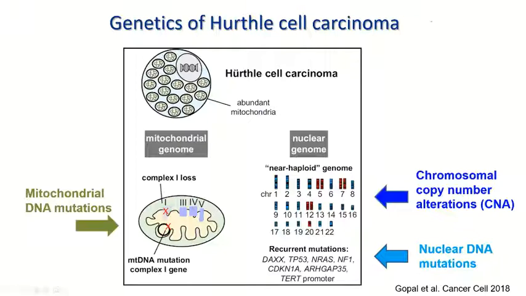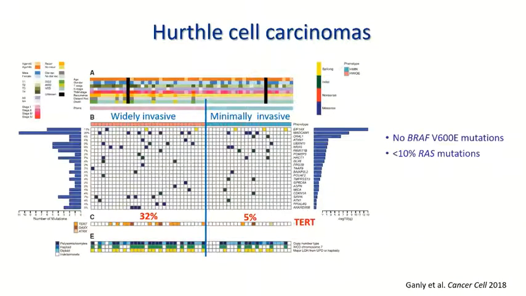So we know that Hürthle cell carcinomas, from our previous experience, have either low or very poor accumulation of radioactive iodine. So from the biological perspective, we have to clearly realize that these tumors have very different molecular profiles, mostly driven by this very peculiar and unusual type of whole chromosomal gains and losses.